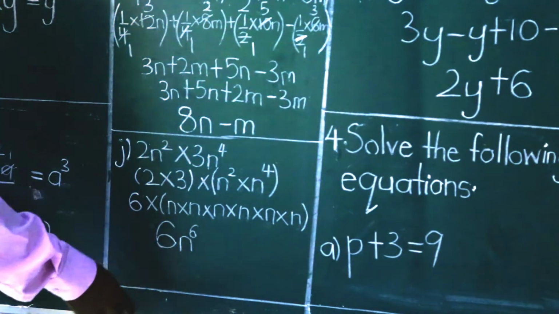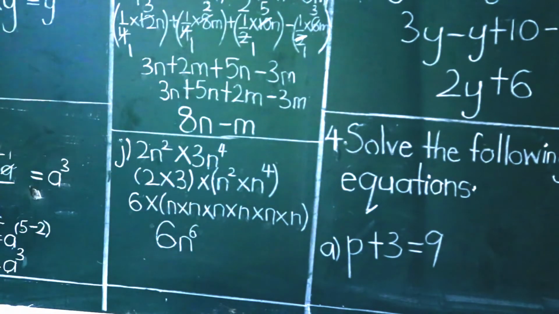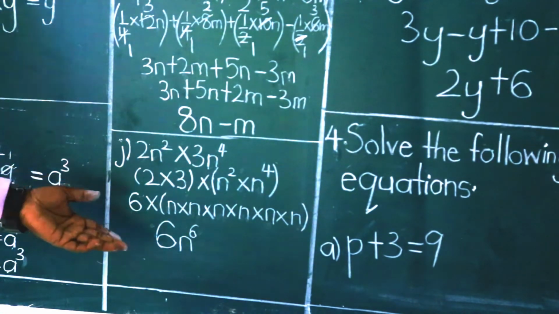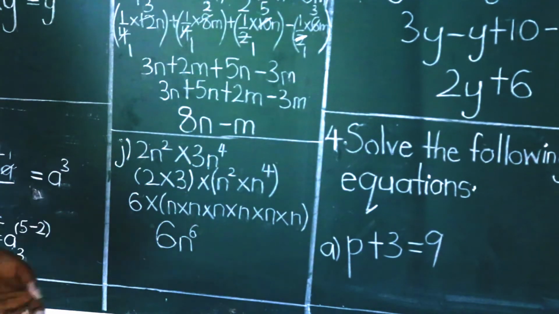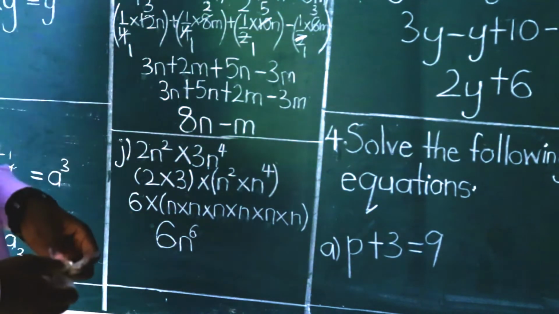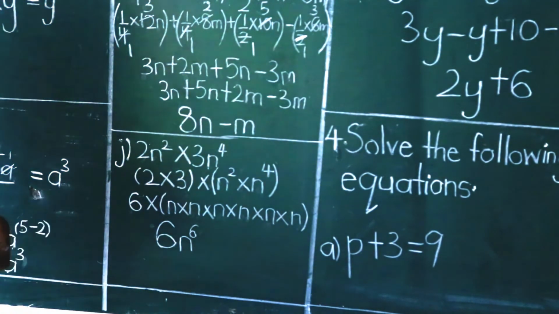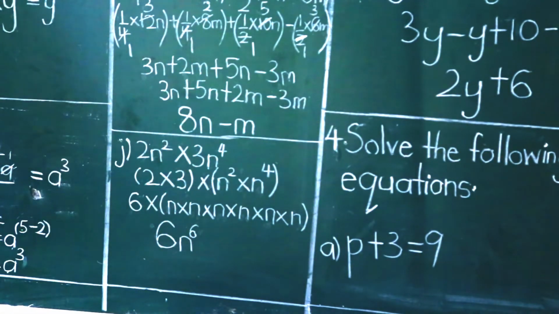That is 6n index 6, and that is a simplified number. When you find such a kind of expression, please simplify in that style. Then that's how we simplify different expressions of mathematics.